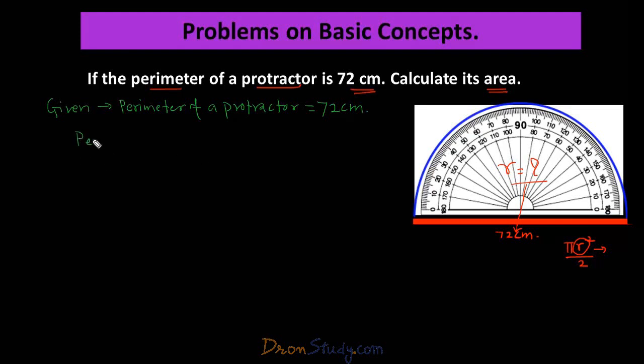Now the perimeter is equal to circumference of semicircle plus diameter.